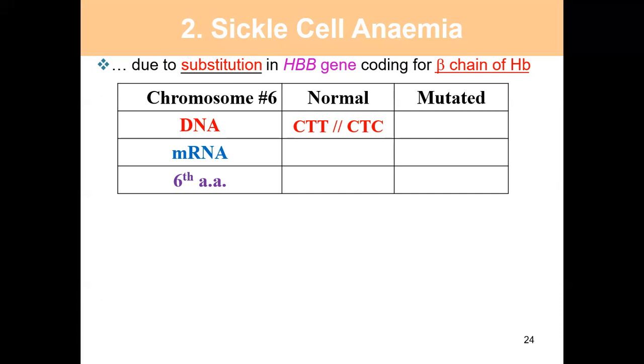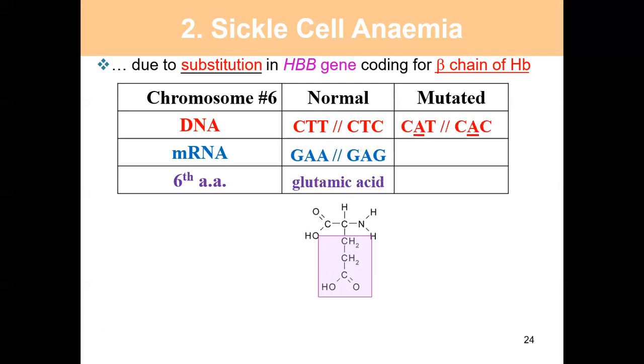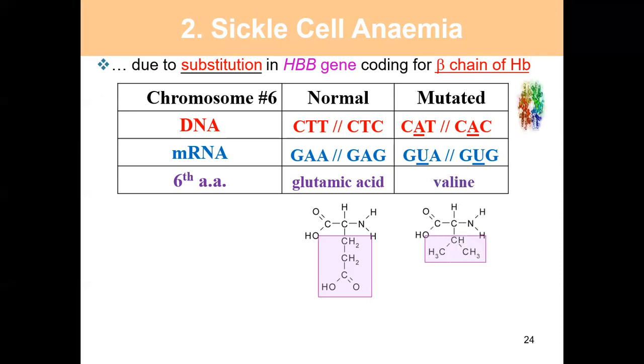Normal 6th code is CTT and CTC, but the mutated one is CAT and CAC. So there's a substitution, right? T is substituted by A, and then the triplet codon also will change in mRNA. Triplet code changes, triplet codon changes, and therefore the amino acid will also change.